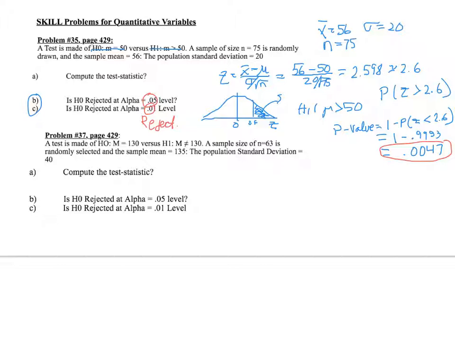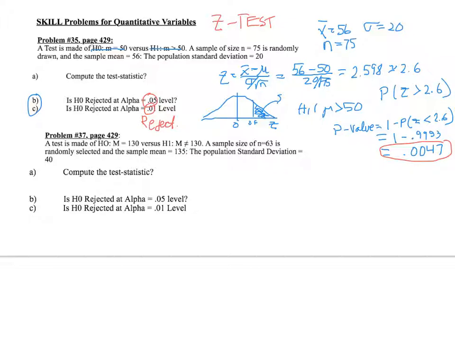We're going to use the z-test on our calculator under test. And when you do that, under the stats part, you'll just put in the different pieces of information.